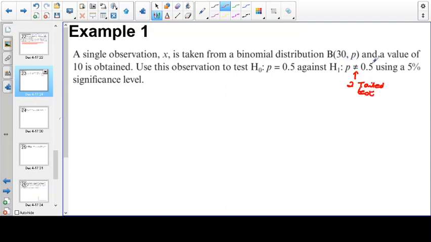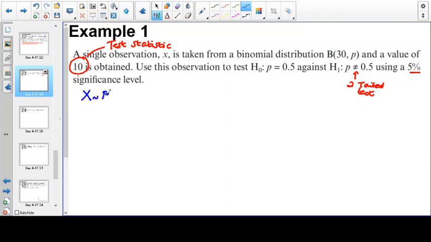We also have a 5% significance level, and we also have this number here, which is a test statistic, and I will use that later on.